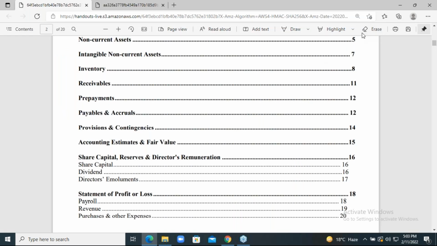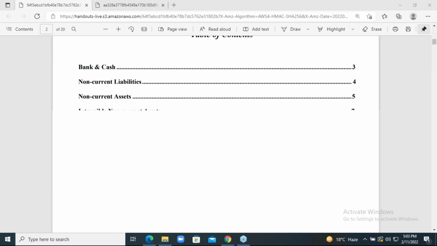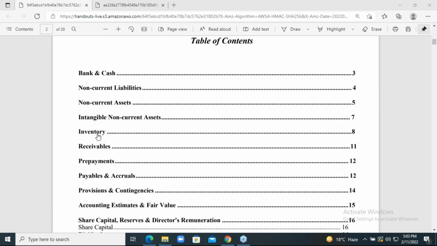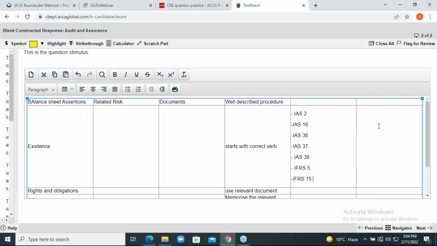So these are the heads from which you should memorize the procedures. I would also write them down there.